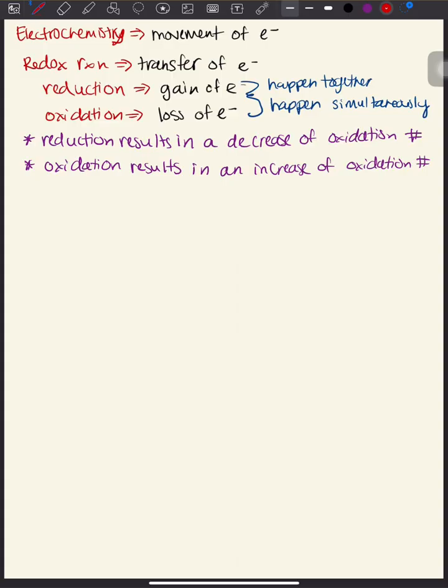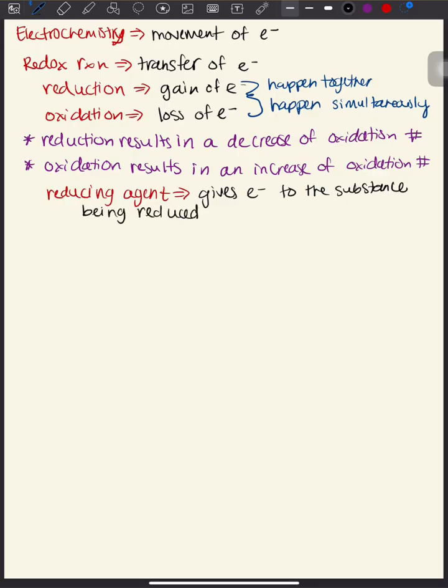Now, in this process, something is being reduced and something is being oxidized. Well, we have different things that make that happen, and we call that the reducing agent and the oxidizing agent. So the reducing agent gives electrons to the substance being reduced.